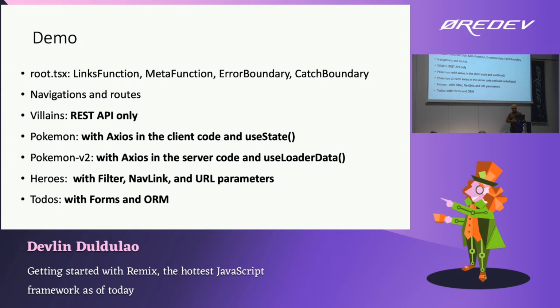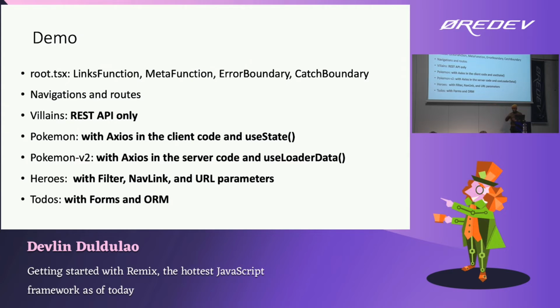Pokemon page that I have here in my app with Axios in the client code and use state, and then another version of Pokemon here with Axios in the server code, and then with the use loader data. These two Pokemon pages are hitting a Pokemon API, by the way, a public API.